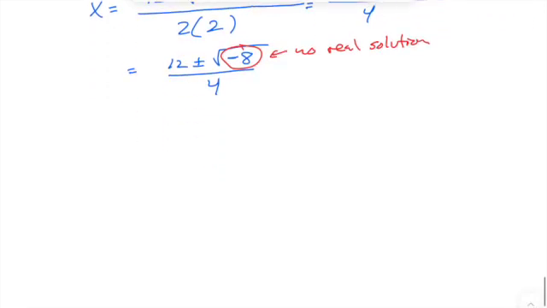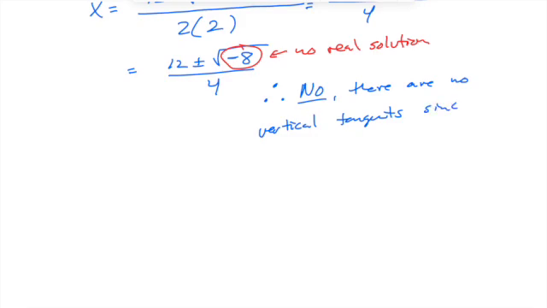So no, there are no vertical tangent lines. Again, since y can't equal -4, but I don't think that's really necessary to add.